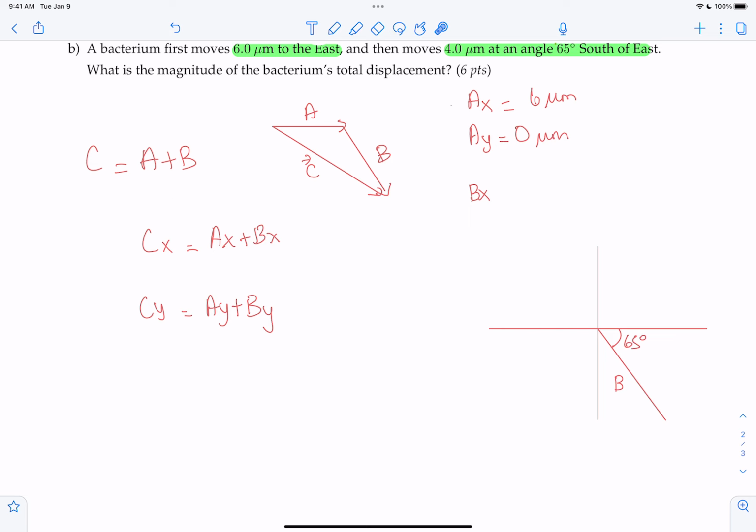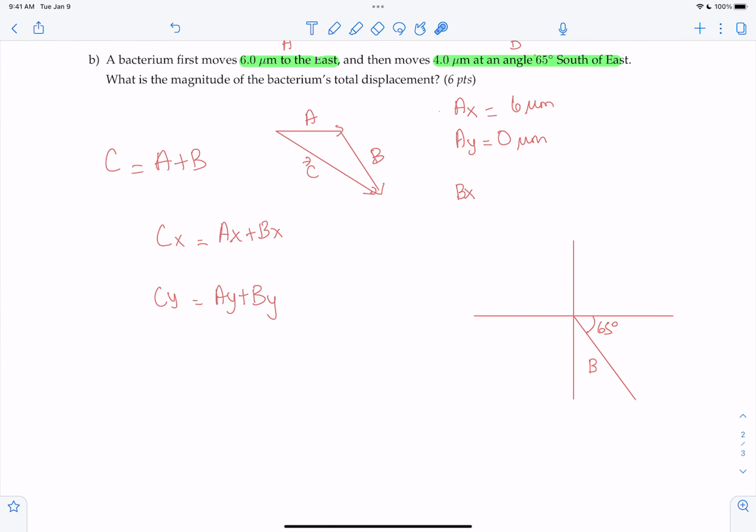However, when we're actually calculating the value, it's going to be a slightly different matter, because we might need to do the Pythagorean theorem or something like that to figure out the total displacement and whatnot. So does that make sense so far? Yes? Okay, awesome.